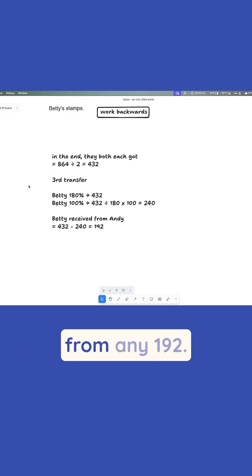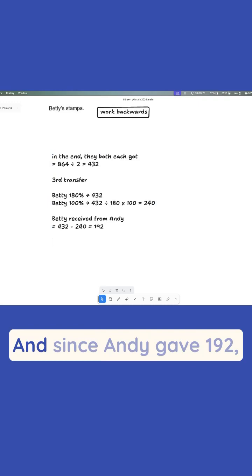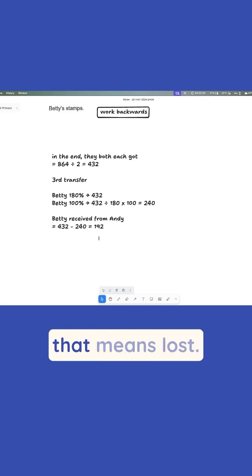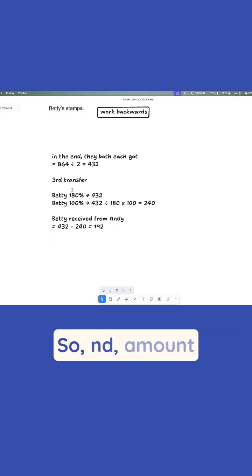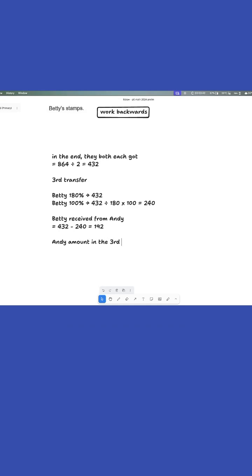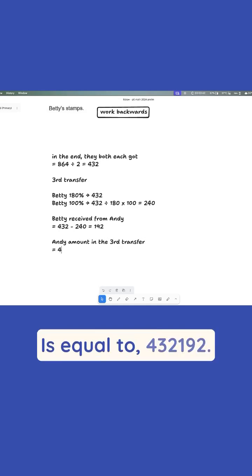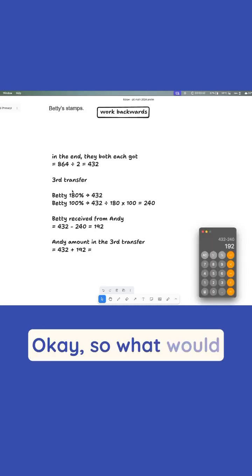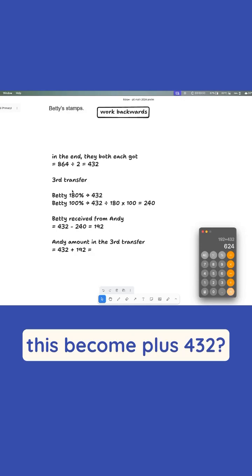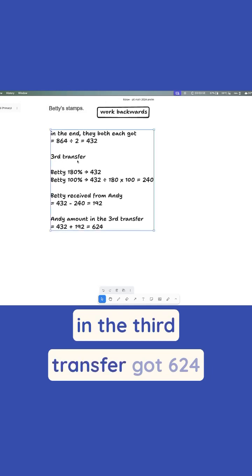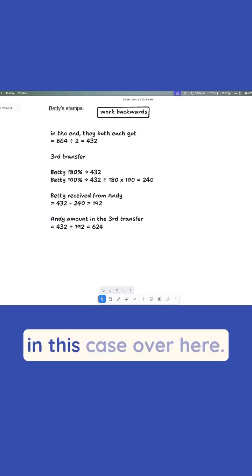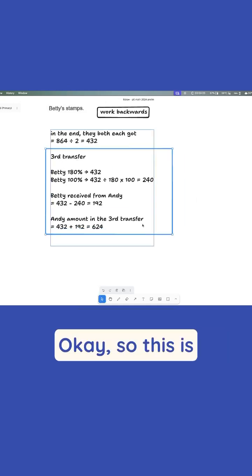Since Andy gave 192, that means he lost it, so when we reverse, we add. Andy's amount before the third transfer is equal to 432 plus 192, which is 624. Okay, so this is the first part.